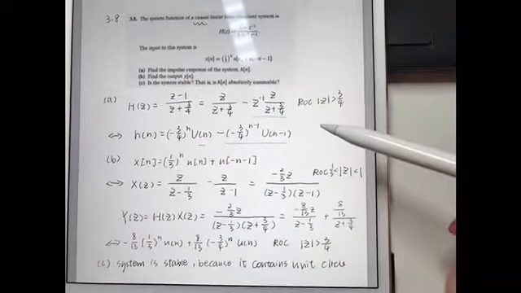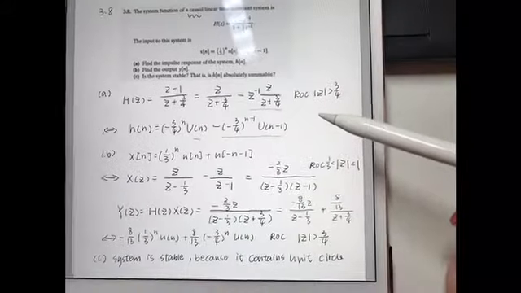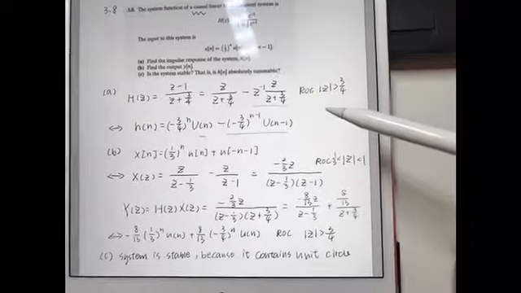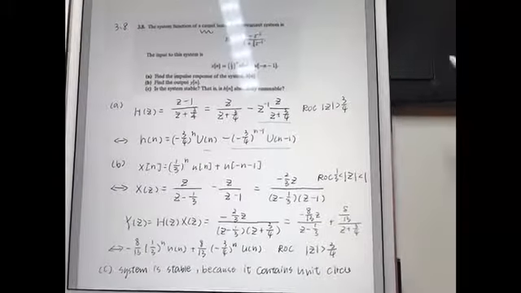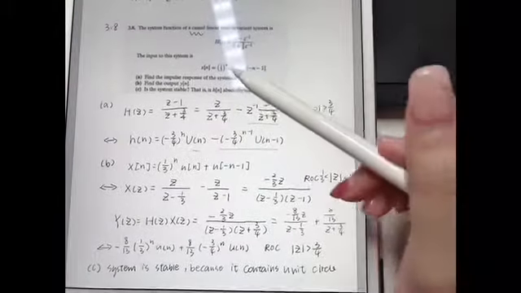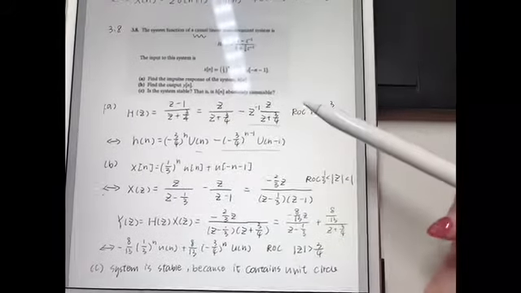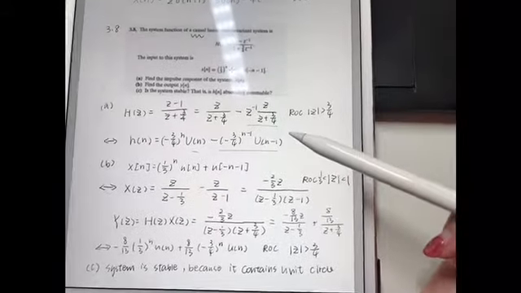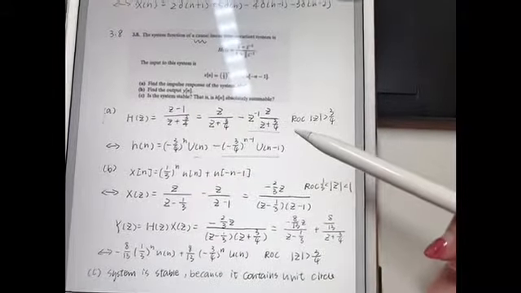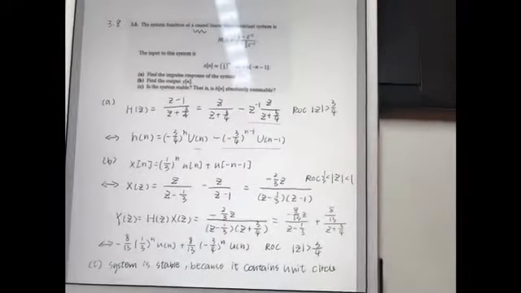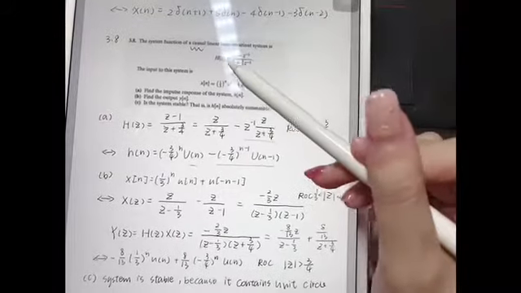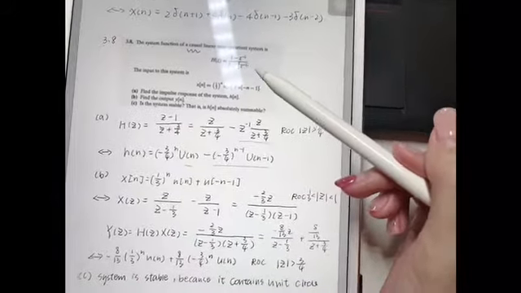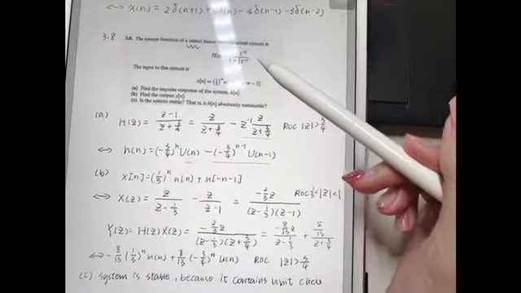Question B asks us to find the output y[n]. From the condition, we have the expression of x[n], and from question A, we also have H(z), which represents the system function.